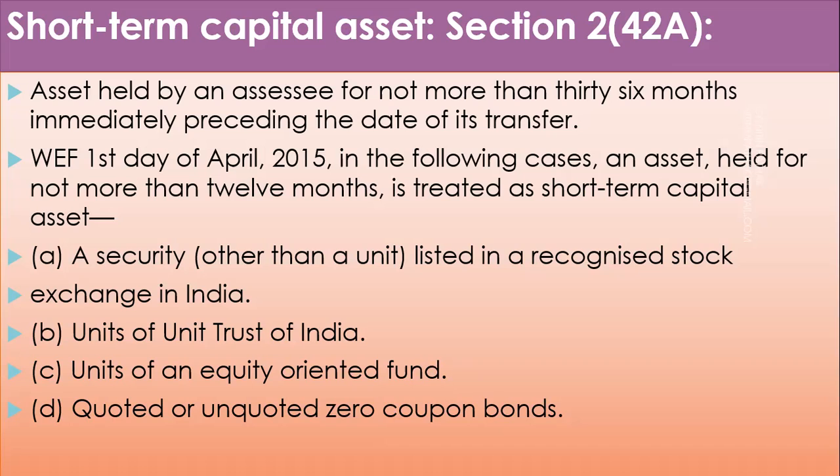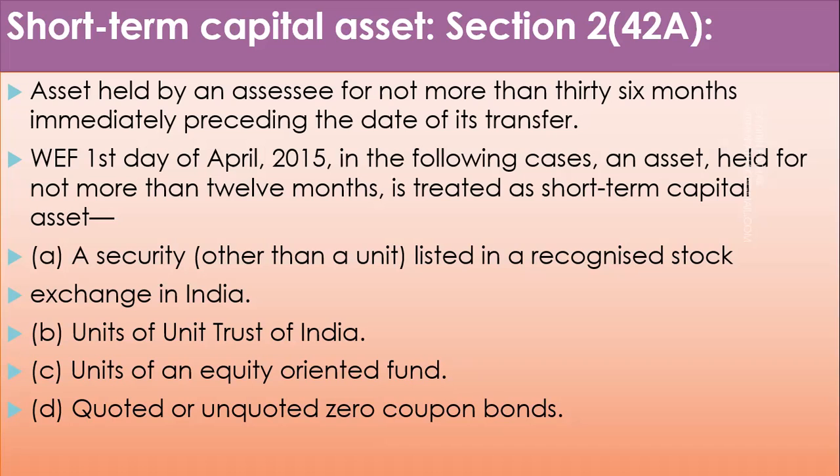With effect from 1st April 2014, any listed share in a recognized exchange. Suppose I have bought Reliance on 1/1/2010, okay, and I sell it on 31st December 2010. I would be liable for short-term gain.